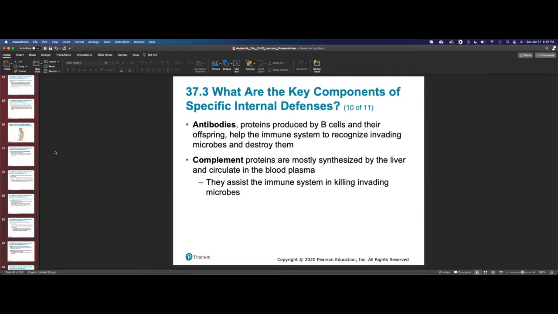So the complement system is super complex. We actually won't go too much into it, but they are mostly synthesized by the liver, and they circulate in your blood, and they assist the immune system.